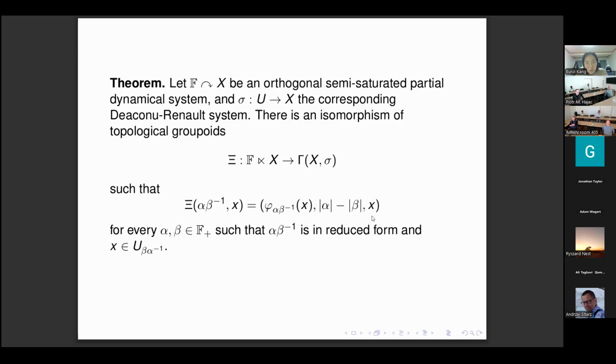So the point is we have a topological groupoid isomorphism.